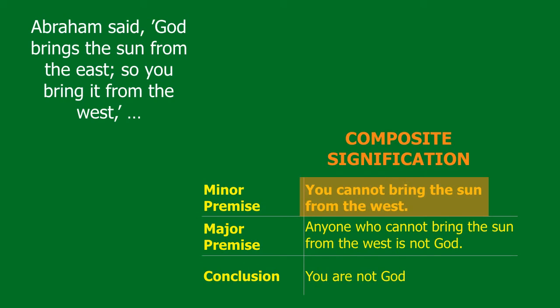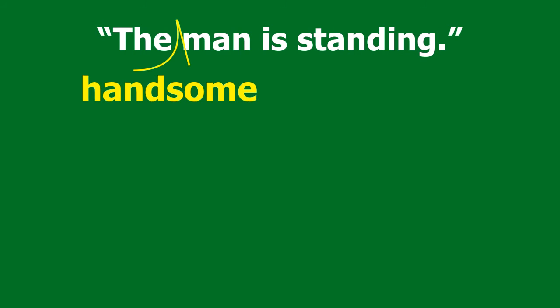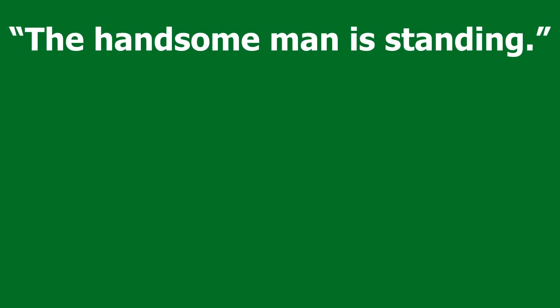We're now going to illustrate the concepts of basic and composite signification with the sentence that we used for illustrative purposes in the previous lesson. The simple sentence, "The man is standing." But in this lesson, we're going to make it a little bit more interesting by adding an adjective and using the sentence, "The handsome man is standing."